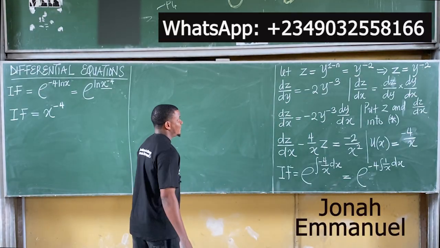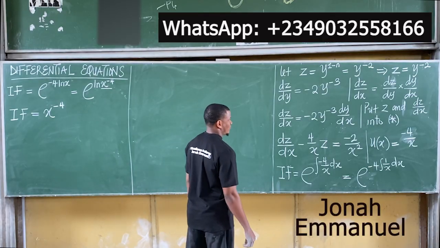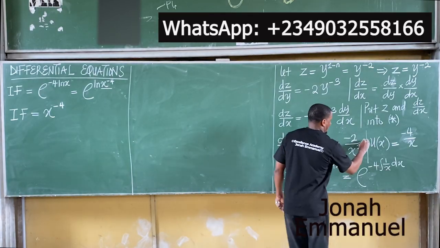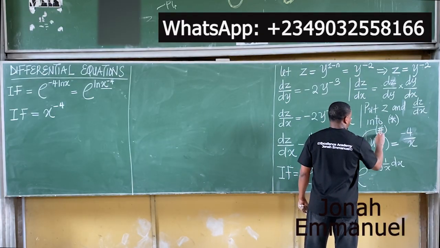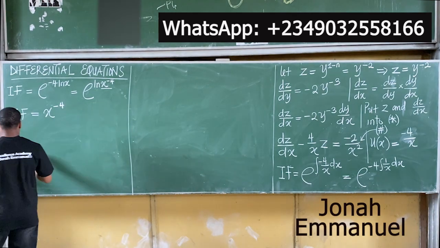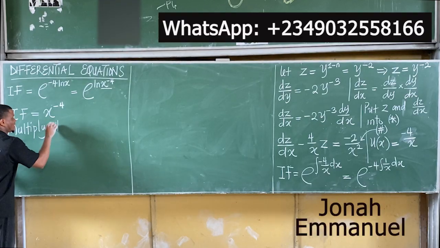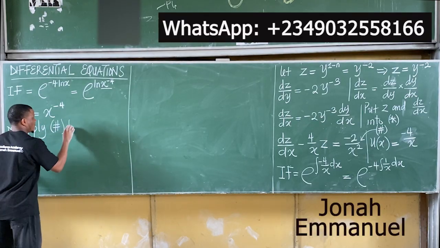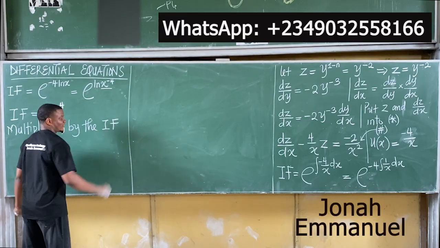What's my next step? My next step would be to multiply the equation by the integrating factor. This equation here, let's call this hash. I should have given these numbers instead. Please, sorry. Multiply equation hash by the integrating factor.